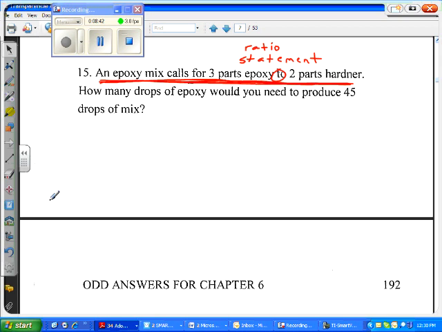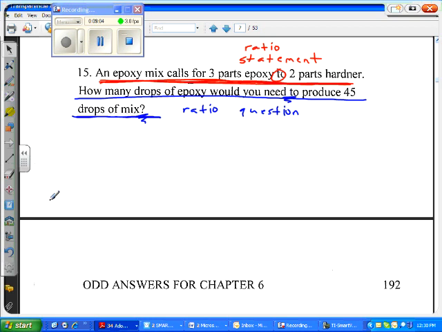It says how many drops of epoxy would be needed to produce 45 drops of mix. It says this to that, and so we realize that's another ratio. It has a question attached, so it must be the question ratio.